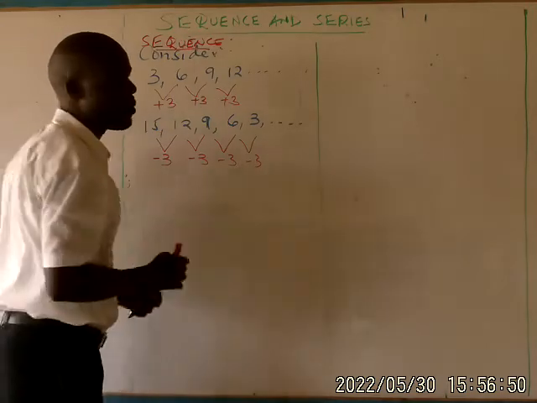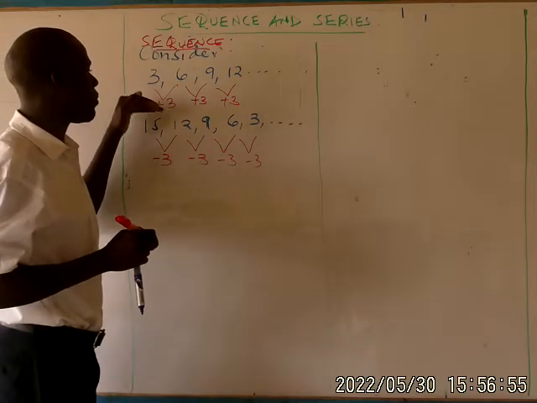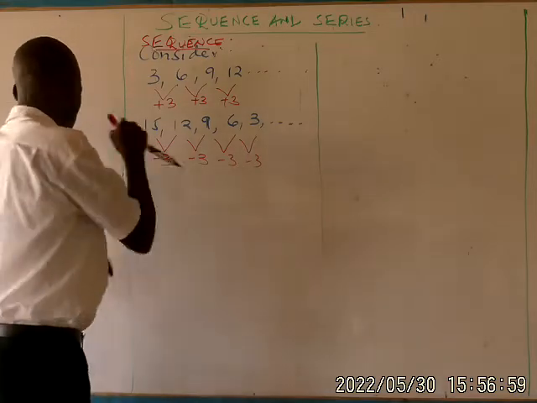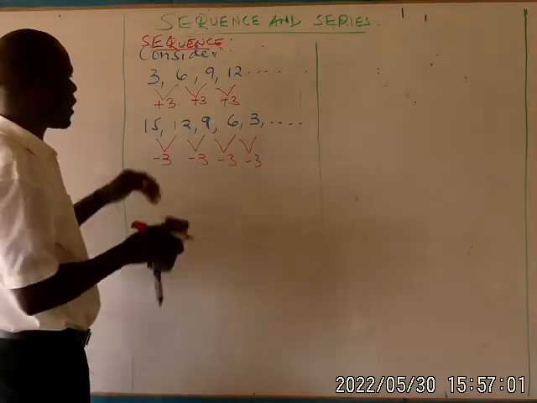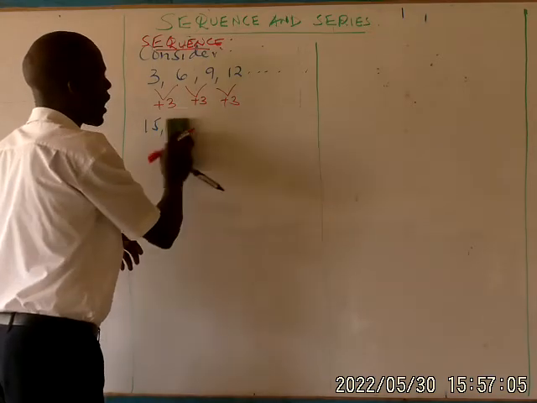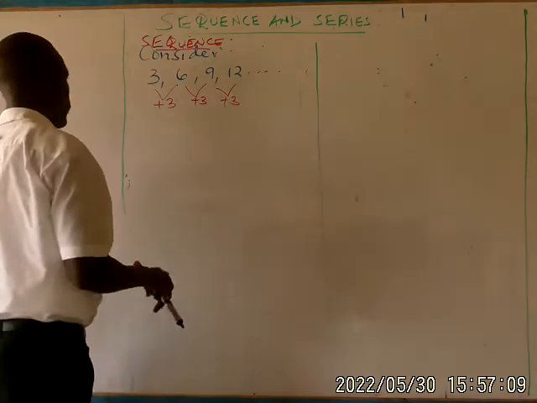Now, what is common with these sequences? We have seen that both of them have either addition or subtraction. Let me just concentrate on the first part so that I can show what I want to deal with today.